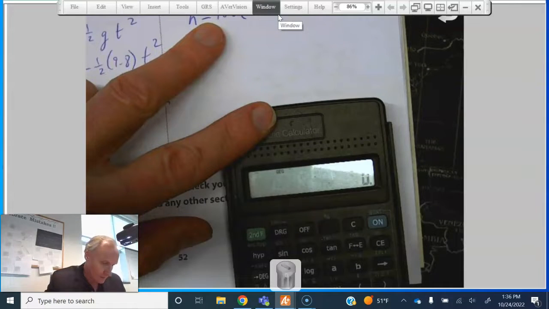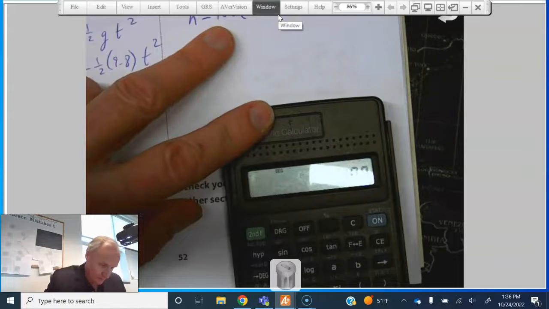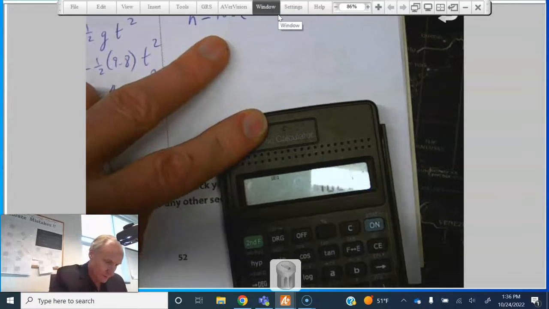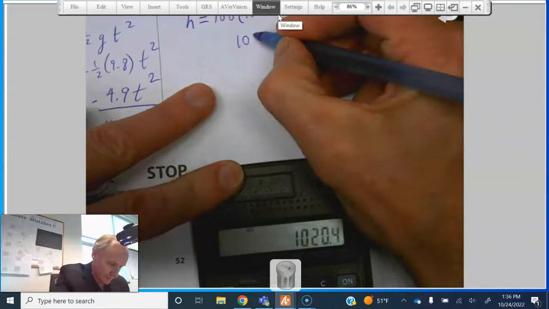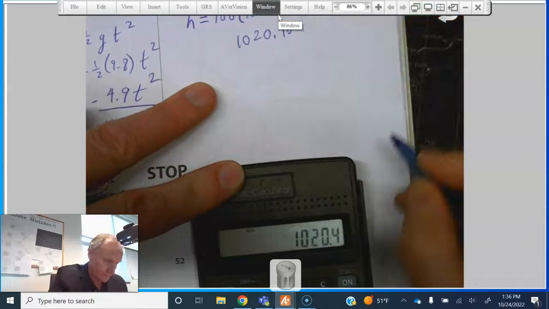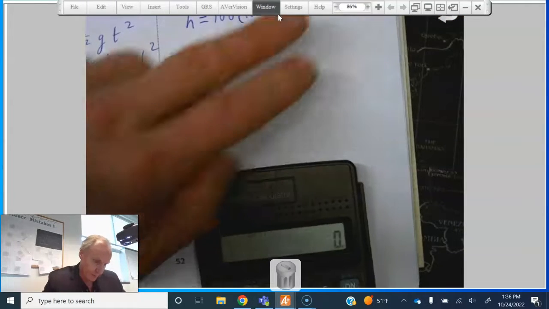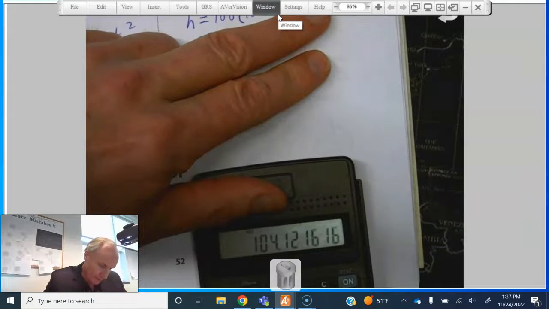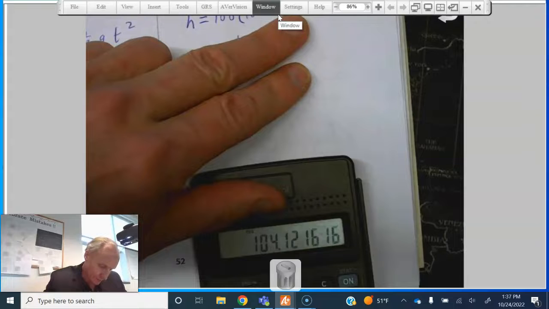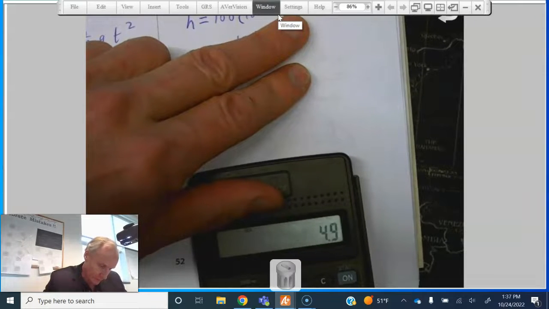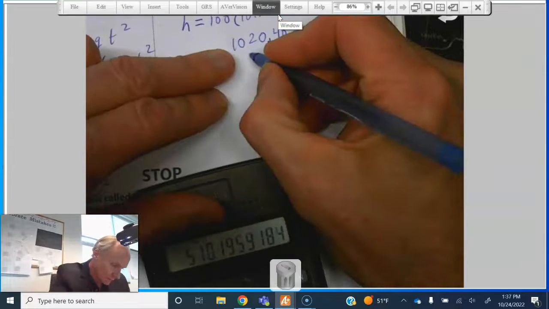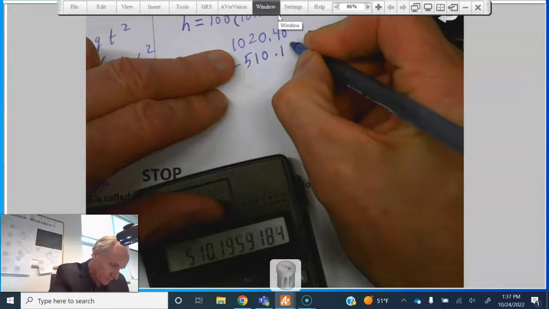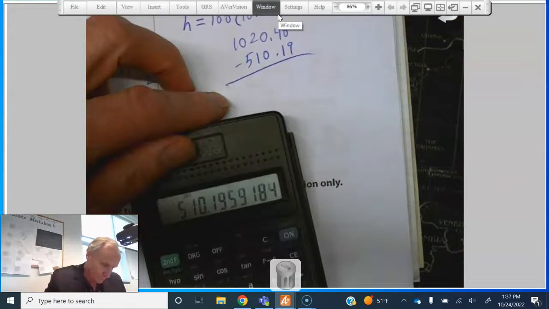I'm just going to double check this, make absolutely sure I got the right height here. This is 100 times 10.204. This is 1020.40, of course. And then I'm going to take the other part, 10.204 squared times 4.9 equals 510.19.